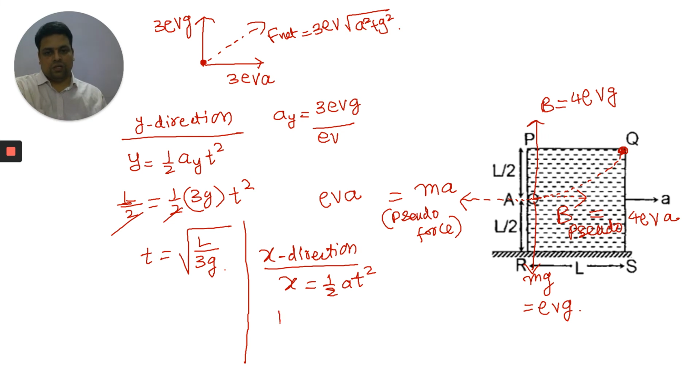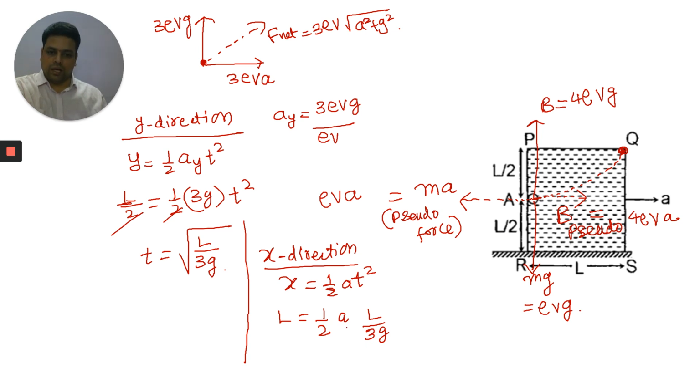So L is the displacement, half into a, which I need to find. I got t² is L by 3g.